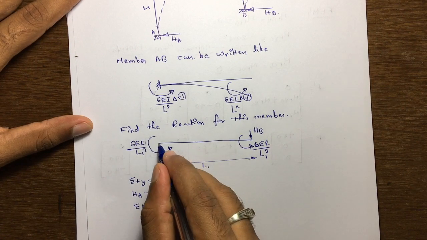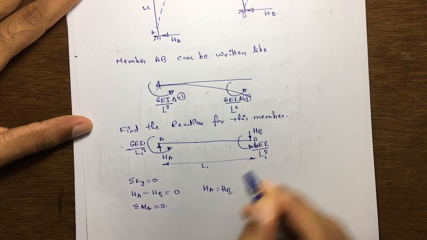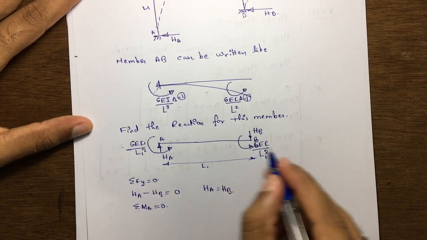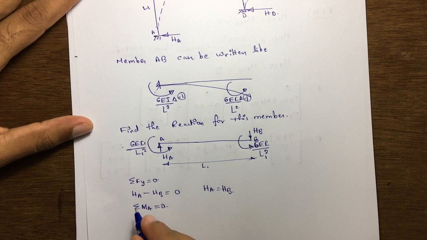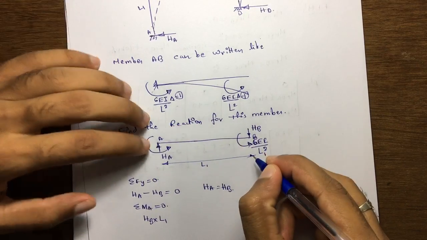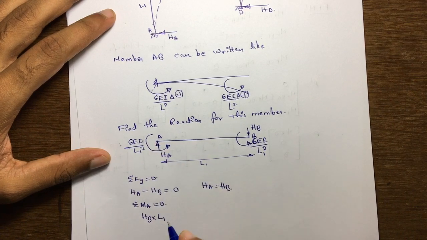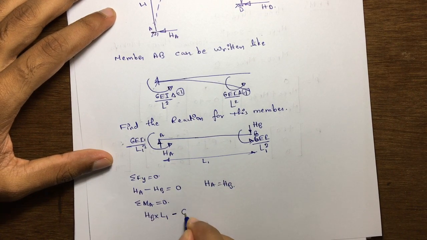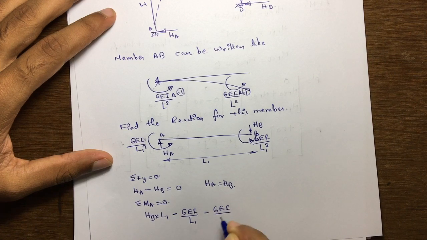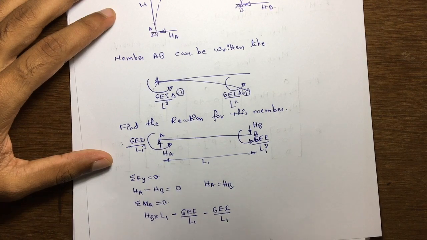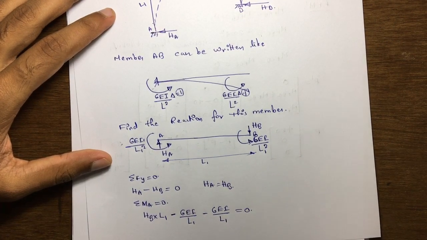If I take moment about A, this is A and B, HB into L1 is going to rotate clockwise, and the moments are anti-clockwise, therefore HB into L1 minus 6EI by L1 square minus 6EI by L1 square is equal to 0.